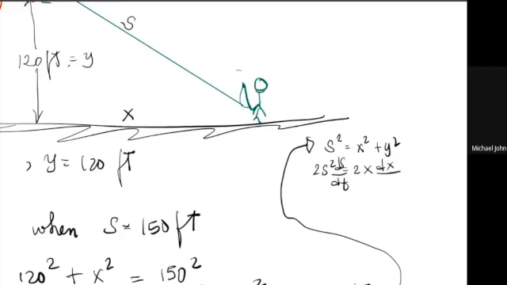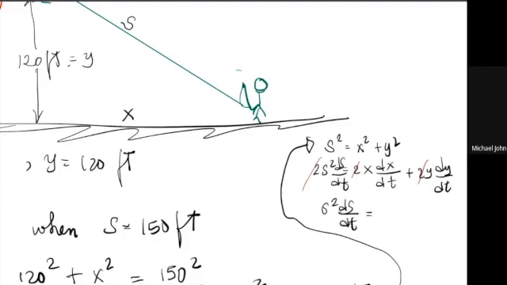This is similar to the triangle in the second example, I think. Plus 2y dy/dt. You can cancel the 2. So what we are solving is the ds/dt.